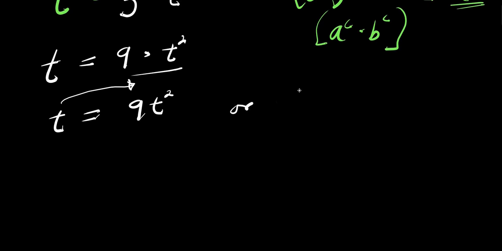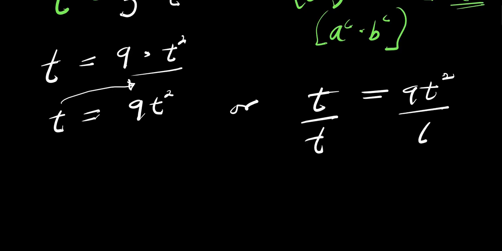From here, I can move this t over here to form an equation, or I can also decide to divide by t. I divide this by t, I divide this by t. t eliminates t. This will give us 1 equals 9t squared divided by t, and this is to the power of 1. Now, when the bases are the same and there's a division sign, you subtract the exponents.